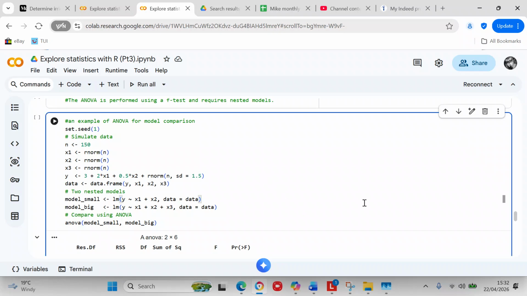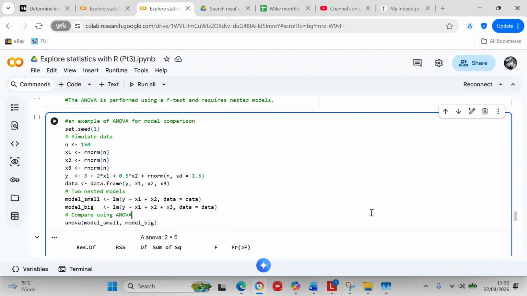So you're going to say the model small becomes lm(y ~ x1 + x2, data = data). And then the model big equals lm, that's linear model, (y ~ x1 + x2 + x3, data = data). So you can see that the small model doesn't include the x3.